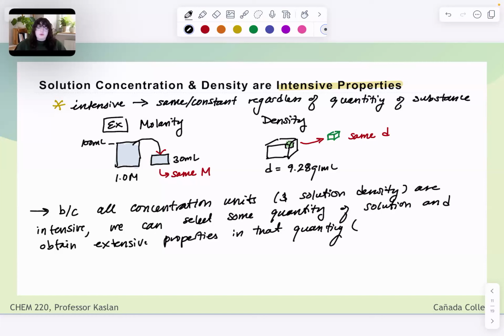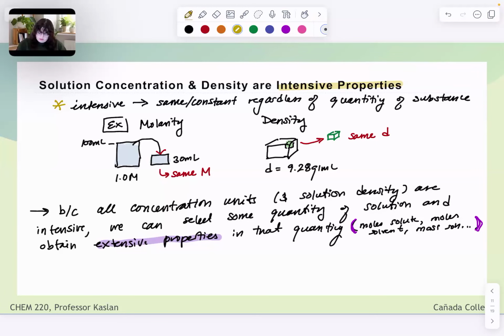So these would be things that do depend on how much you have. So this would be things like maybe moles of solute, moles of solvent, mass of solution, etc. So these would be examples of some extensive properties that we could determine from some selected, chosen quantity of solution.